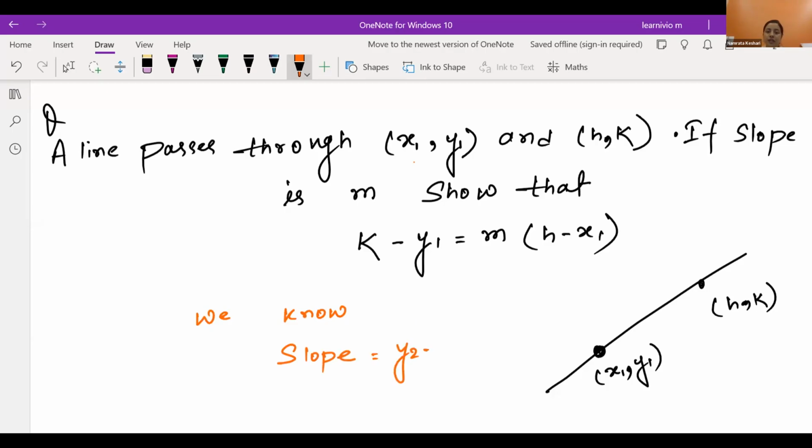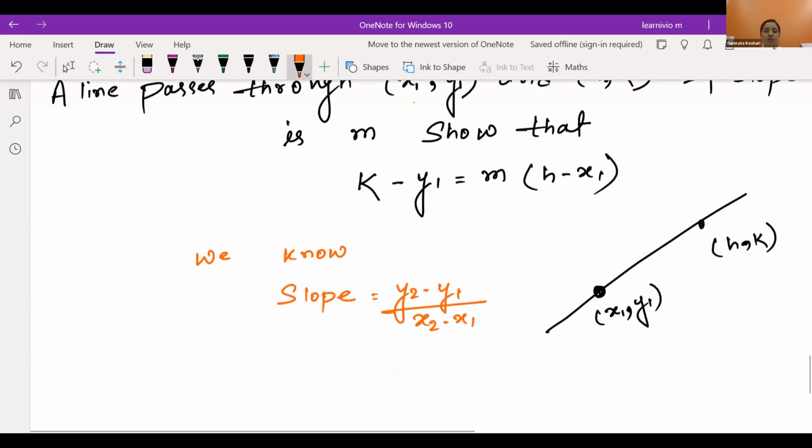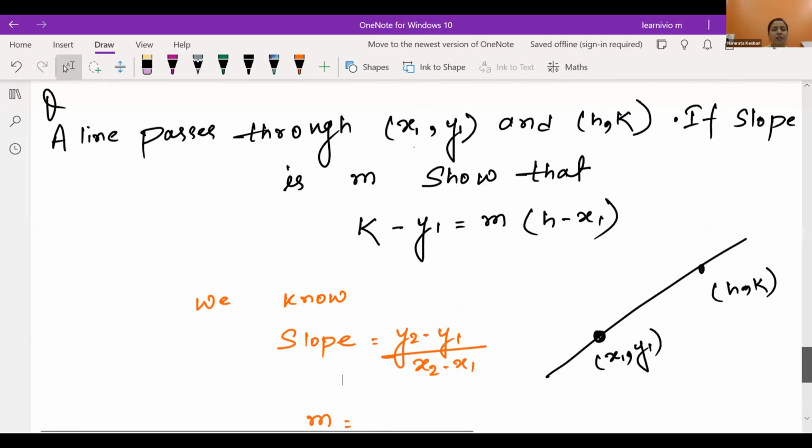Let's use the formula. We can have any coordinate and just substitute it over here. You can take any one as x1 y1, any one as x2 y2. Whatever coordinate is given first in the question, I'm taking that as x1 y1, but it is not mandatory.